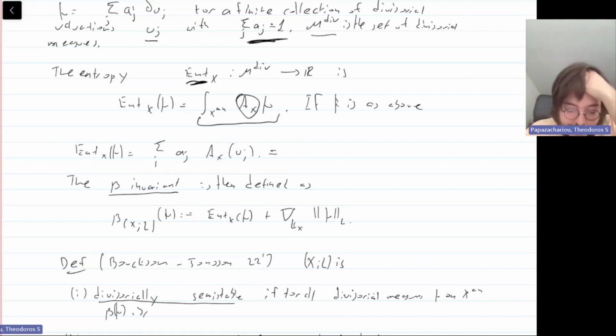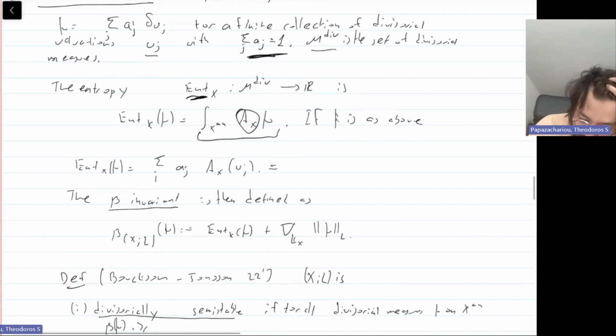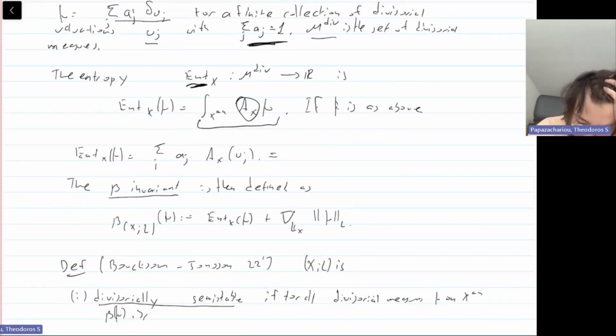But the important thing here is that if mu has this form, then the entropy of this divisorial measure is exactly the sum of the log discrepancies of the valuations, if I assume that v_j is just c_j times ord_{F_j}, which is just this sum here.